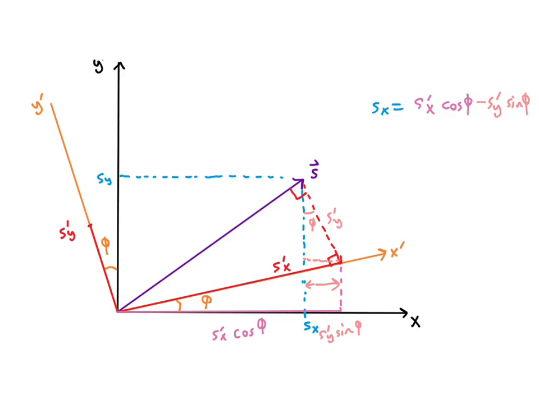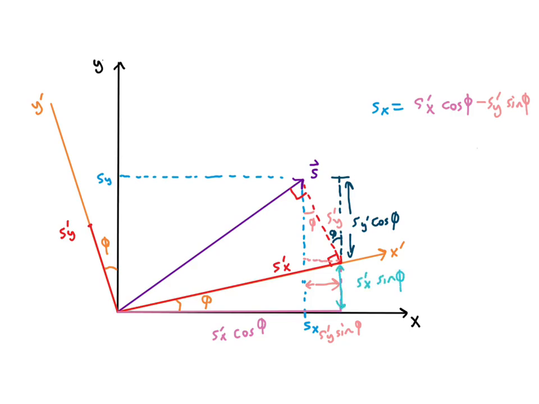We can do a similar analysis looking at our sy. So we have sy as that horizontal line in blue, and if we look at the top part of it, we can say that that can be described with our s prime y, because the distance from that edge is going to be s prime y cosine phi, and the height at which that dark blue line starts is going to be s prime x sine phi.